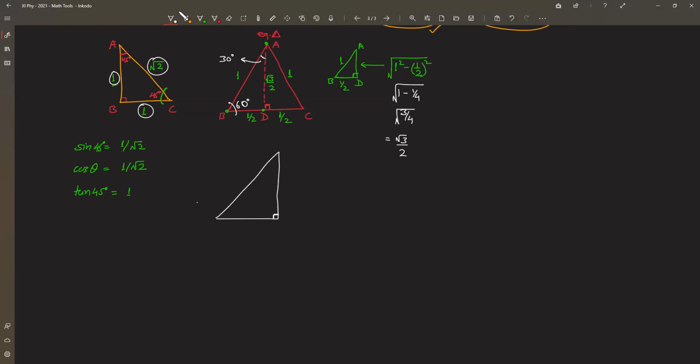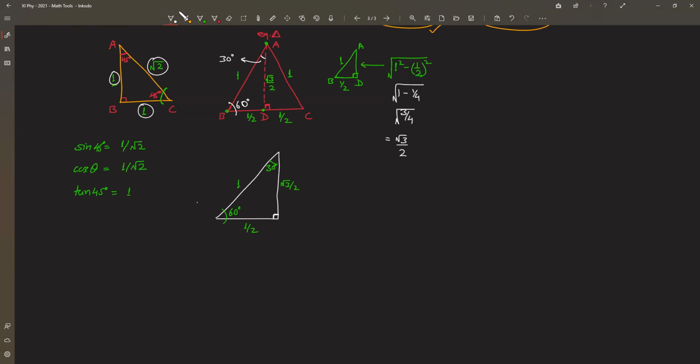Obviously it's a right triangle, so one is 90 degree. So this is 60 degree suppose, and this is 30 degree, and we have already seen that in that case this side is root 3 by 2 and this side is 1 and this side will be 1 by 2.